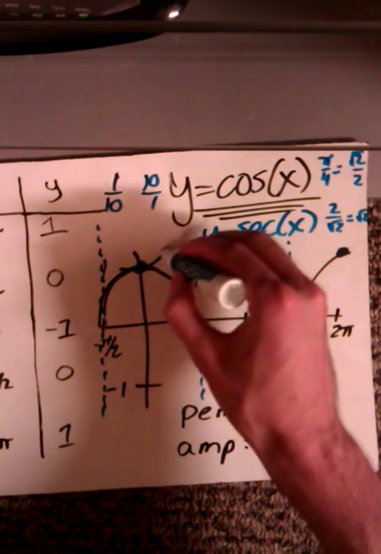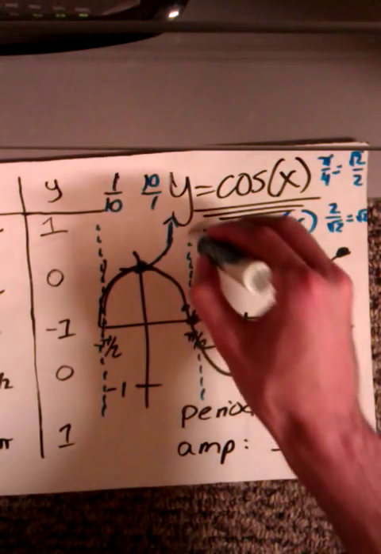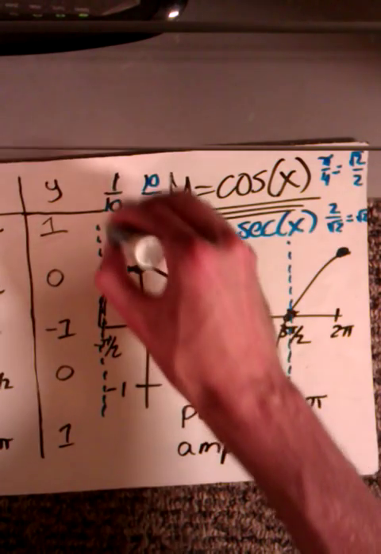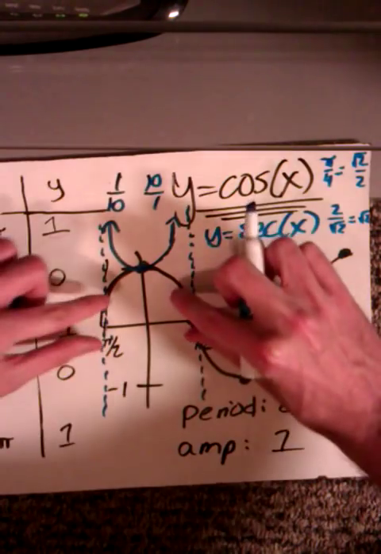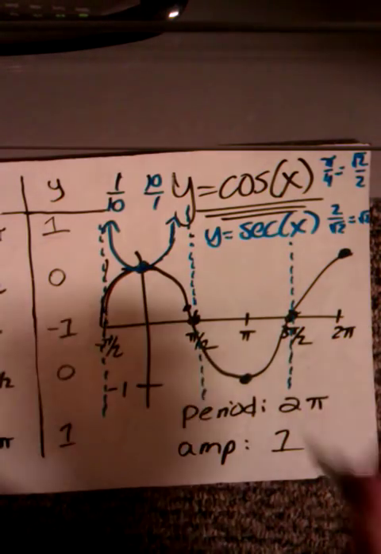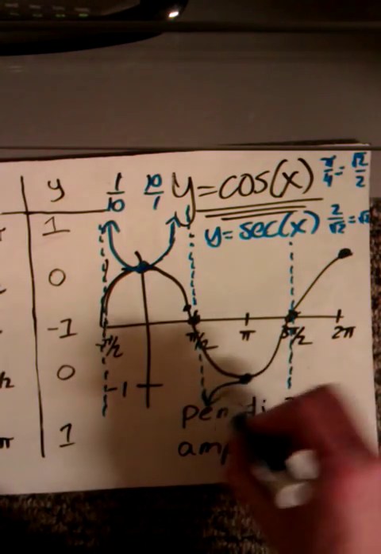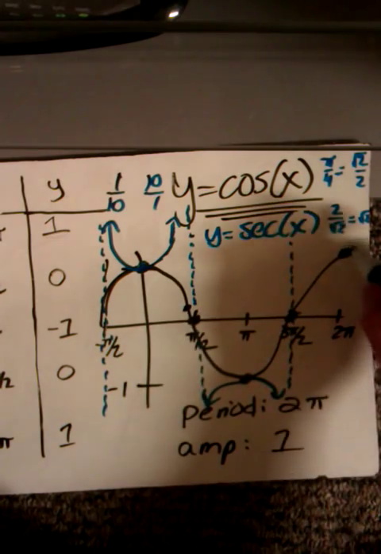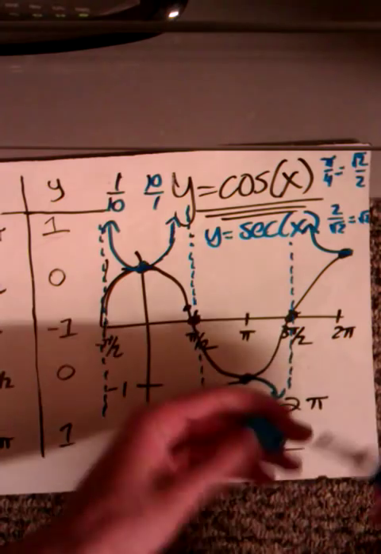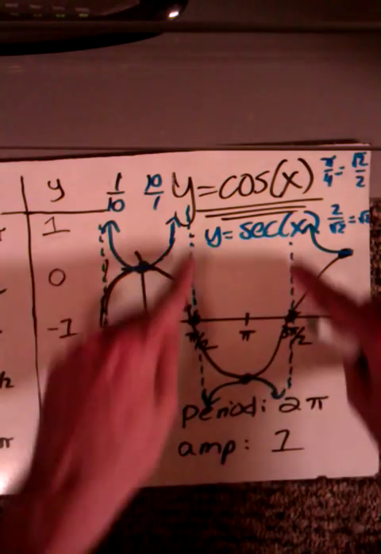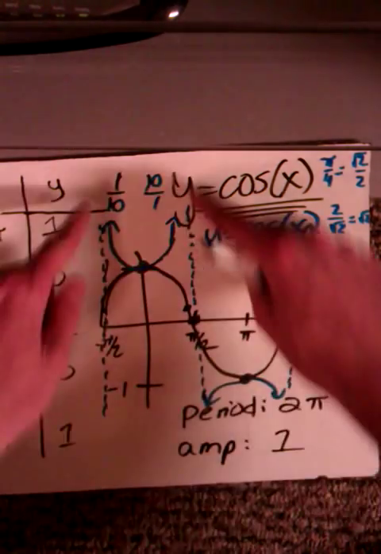So your graph is actually going to get really, really large, and it's going to approach your asymptote. So when it flips, you can kind of visualize this part flipping up, like that. Same thing happens down here. This part flips down, and if I had continued, you'd see another full hump here, and it would flip up as well. So those values start to approach these invisible lines, these asymptotes.